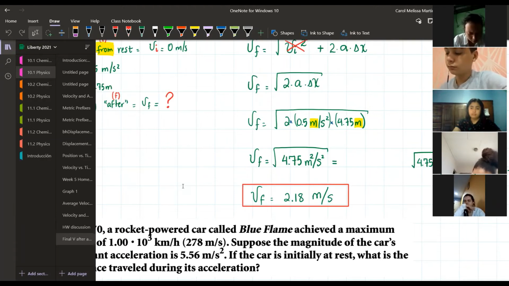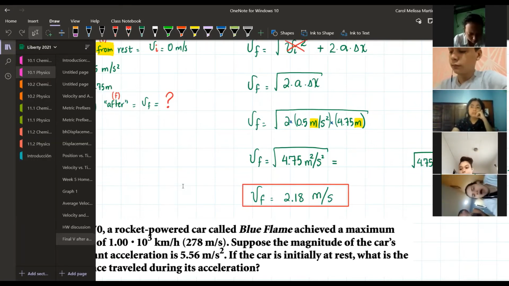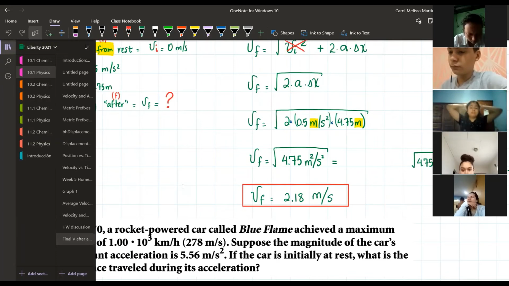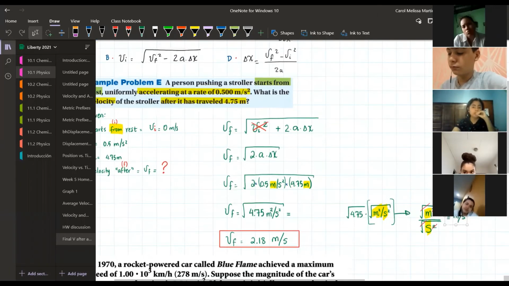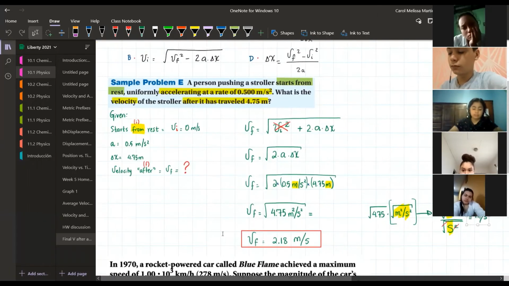Now, for conversions, trust me, the fraction way is the best way to do it because you can see the location of every unit and you can cancel them correctly, because that is the most common mistake when doing conversions.